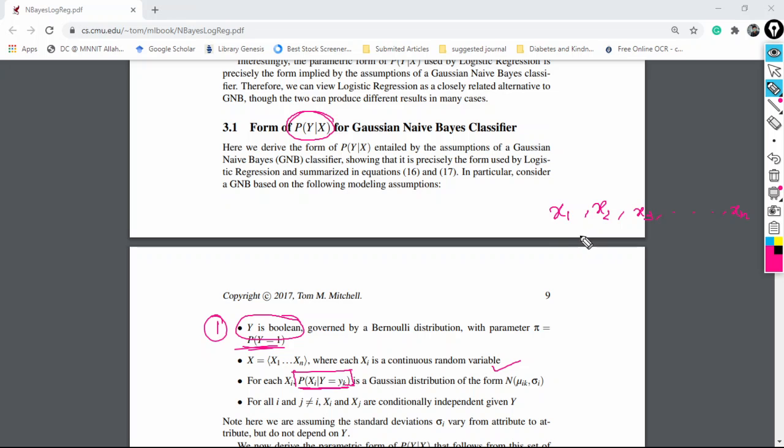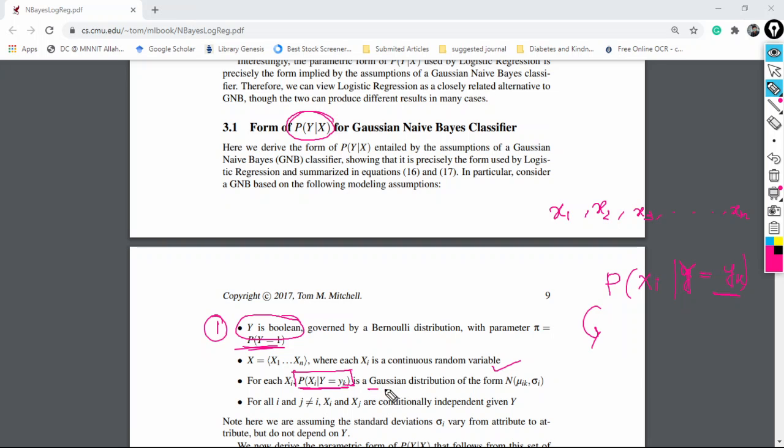Then what is the probability of that point being in the class? For a given class label yk, what is the probability that the point xi will be in that class? This probability has a Gaussian distribution form.